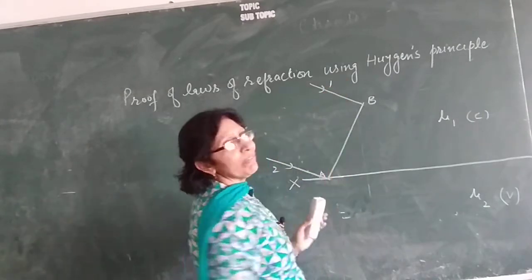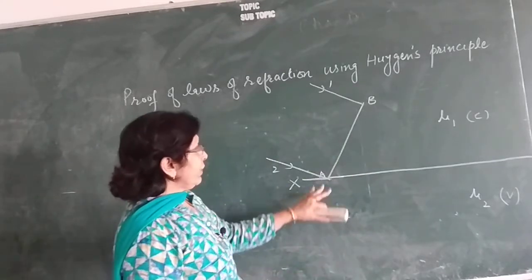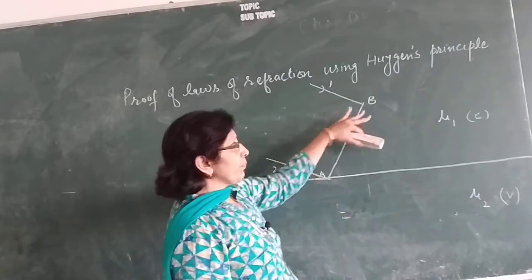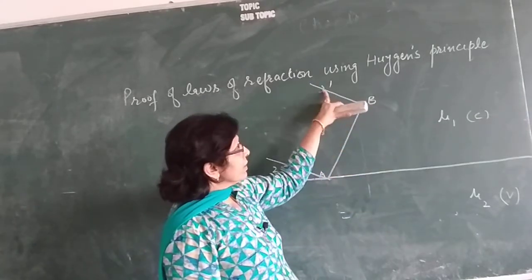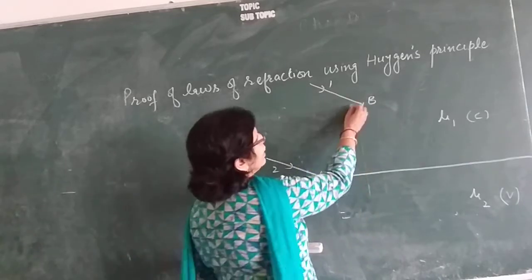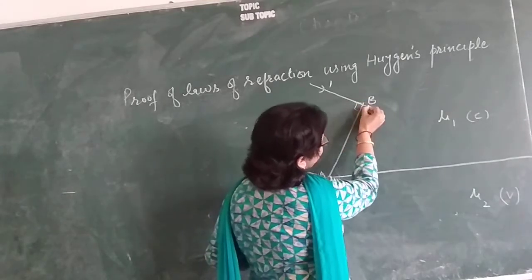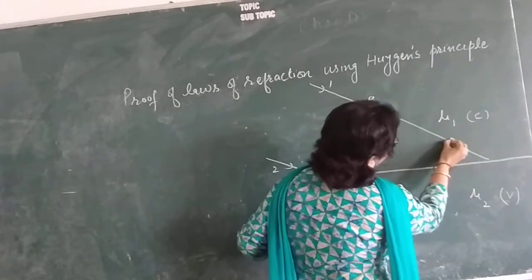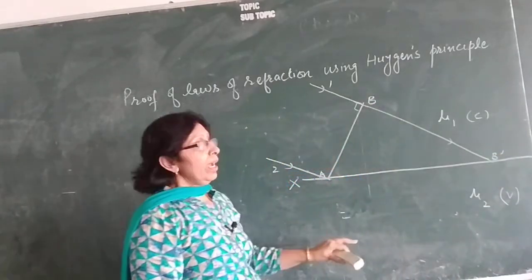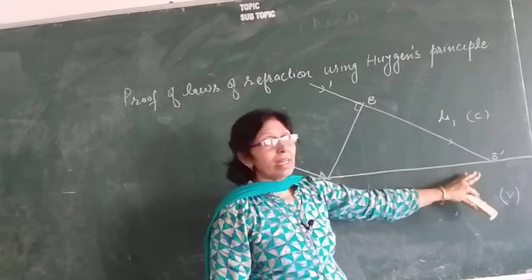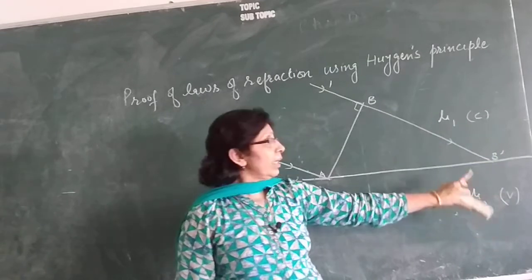You can make any number of lines on this wavefront, 1, 2, 3, 4, etc. I have taken two lines, 1 and 2. Now, as this is a ray and this angle is 90 degrees, this ray will move straight and will fall on the refracting surface, say at B dash.